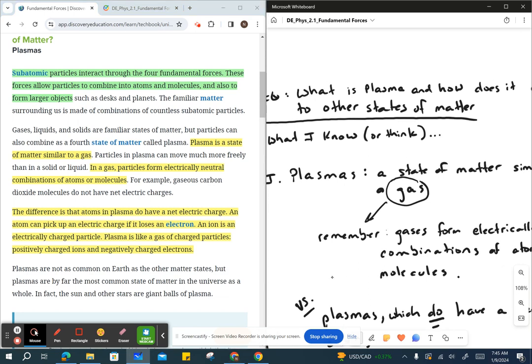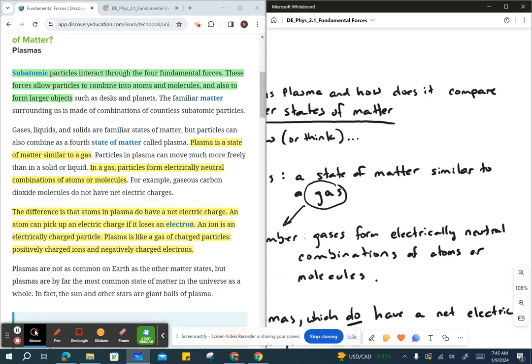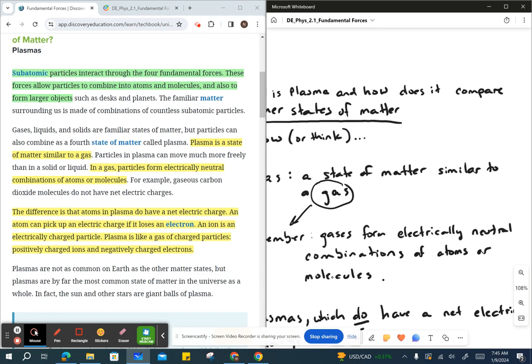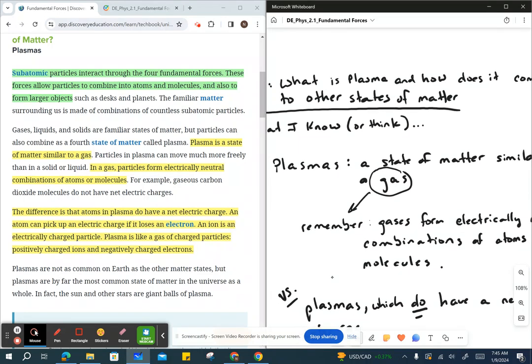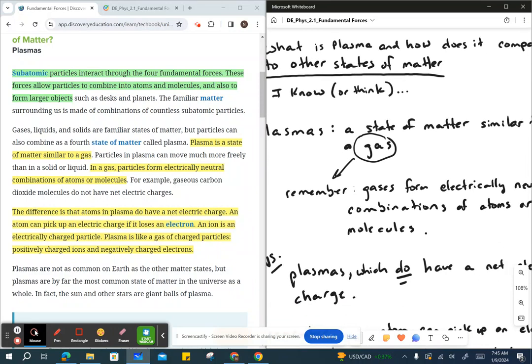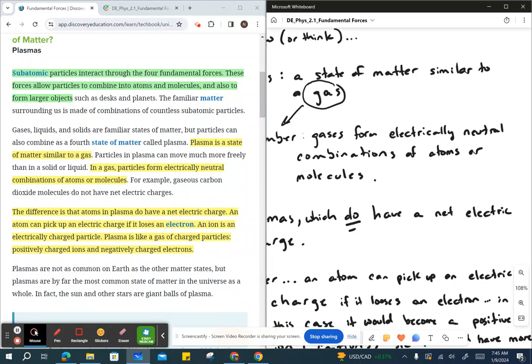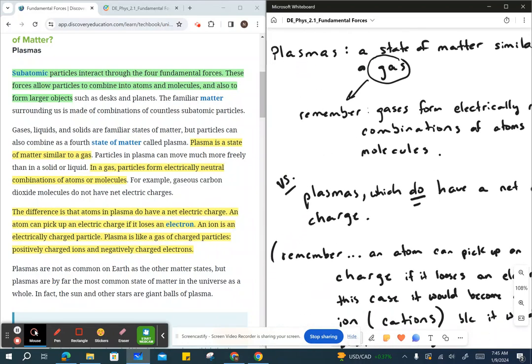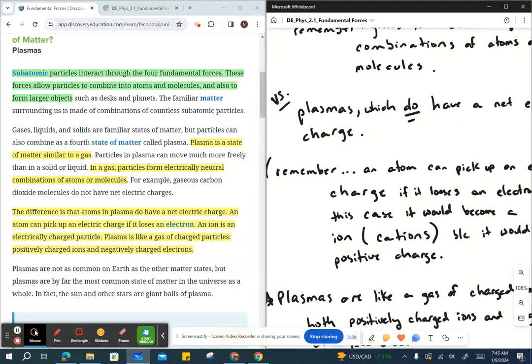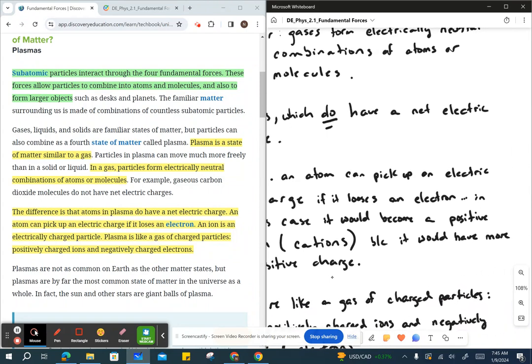So you can kind of see here, and I'm just doing this for your benefit. Plasma's a state of matter similar to gas. Remember, gases form electrically neutral combinations versus plasmas, which do have a net charge, right? We just explained that.